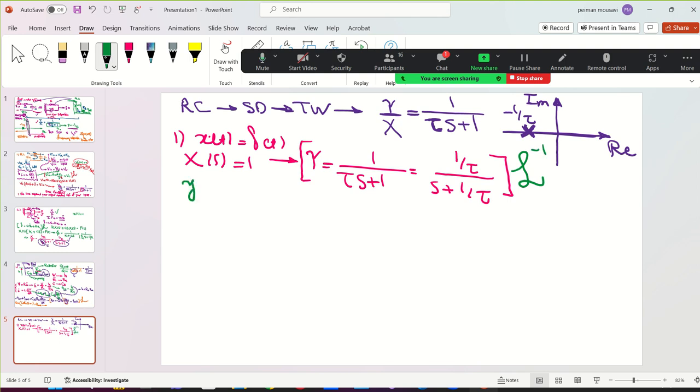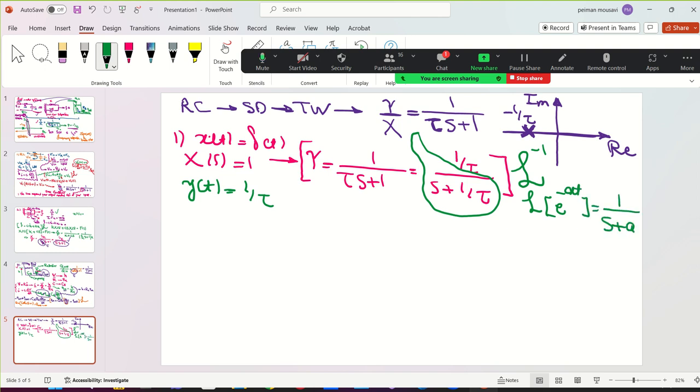So y of t, for any of these systems, not only for the tank of water, is 1 over tau. Which function gives you such a transfer function? Laplace of e to the minus at, you have your notes, is 1 over s plus a. Your a is this. So it's going to be 1 over tau, e to the minus t over tau. Bingo.